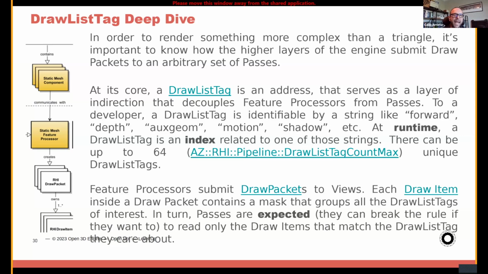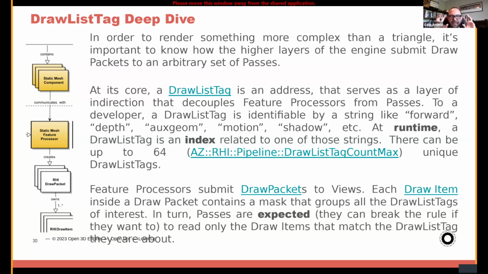The DrawListTag is basically the mechanism that decouples feature processors from passes. If you think about a complex real render pipeline such as the main one, for example, we have shadow passes, passes that calculate the skinning data for animated characters, reflection passes, all kinds of passes.